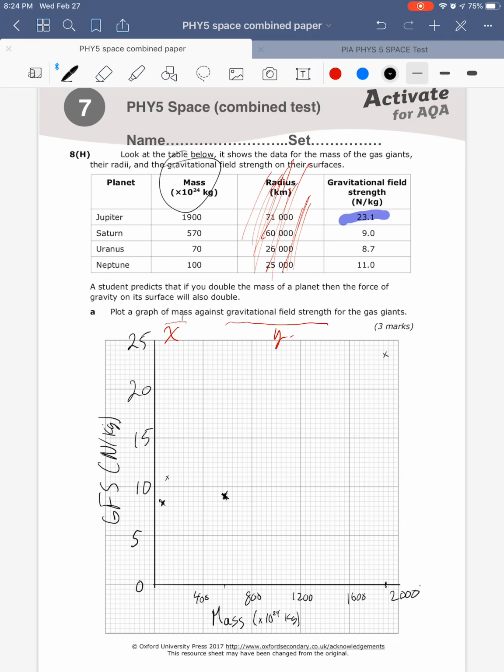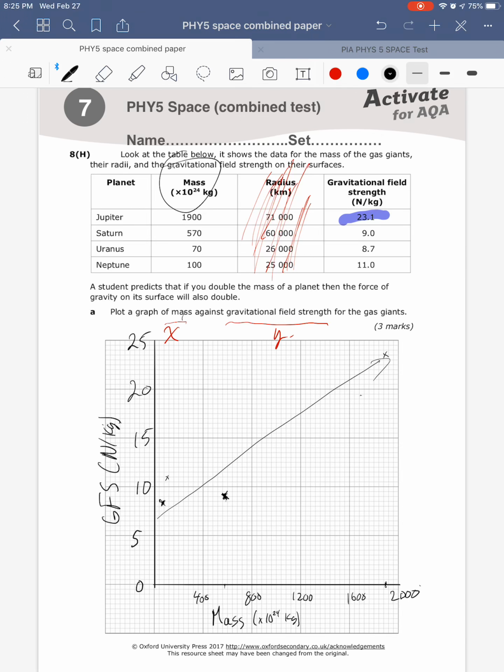Really, if we look at this, it's really hard to do a line of best fit because there isn't a real obvious pattern. I mean, it clearly is going up. However, there are planets that don't really fit, because Neptune is so much higher than Saturn.